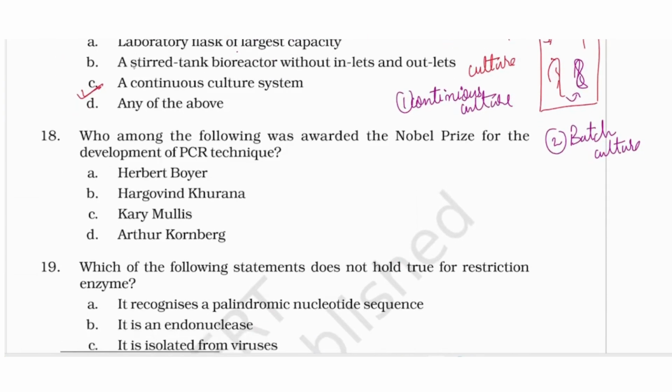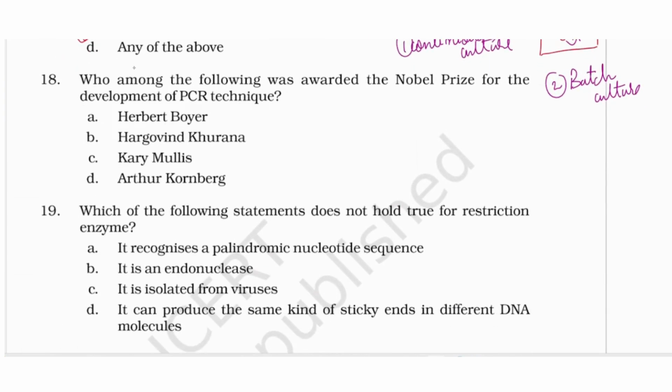Okay, the next question is: who among the following was awarded the Nobel Prize for the development of the PCR technique? Herbert Boyer was actually the discoverer of recombinant DNA technology in 1972, right? They are asking for PCR, so it cannot be possible.